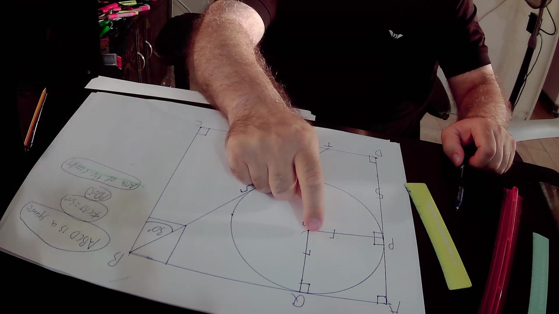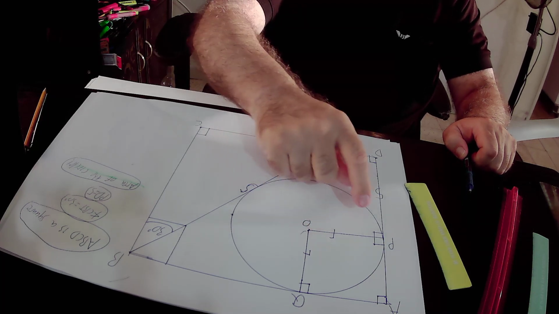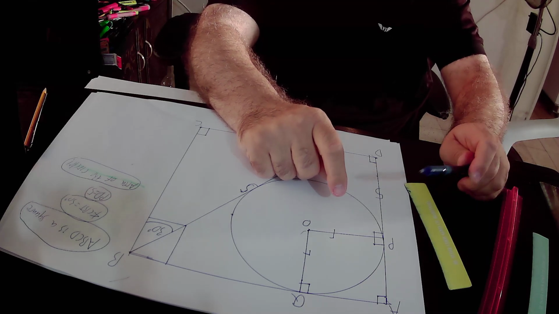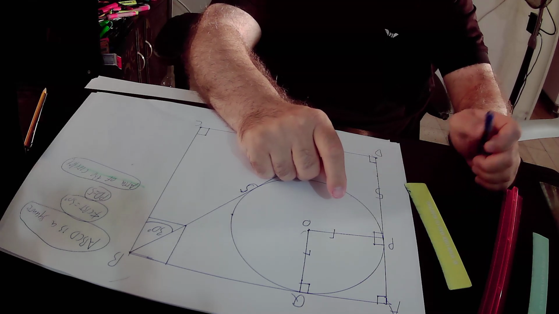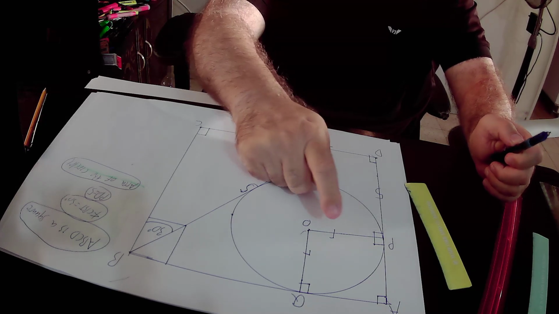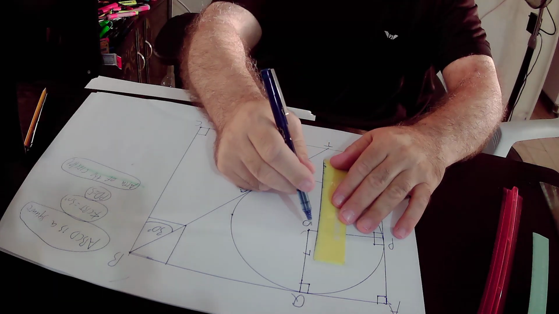In total, the sum of those 4 angles must be equal to 360 degrees, according to the rule that the sum of the angles in any quadrilateral is equal to 360 degrees. So 270 degrees plus 90 degrees equals 360 degrees.